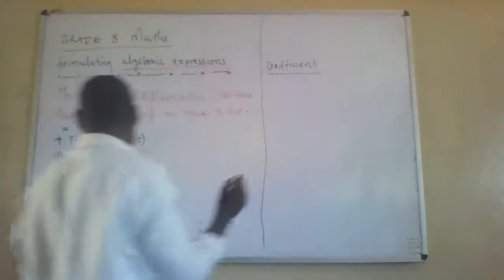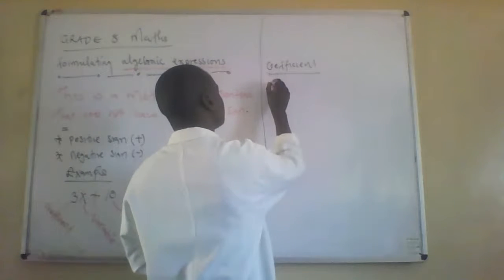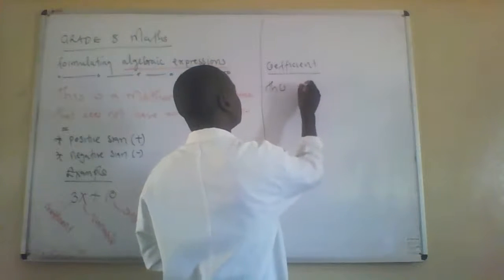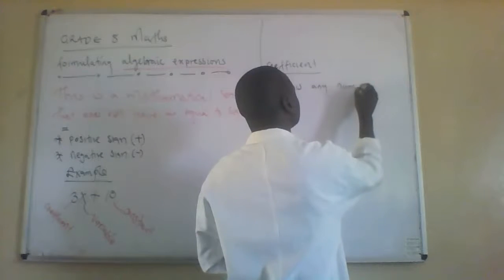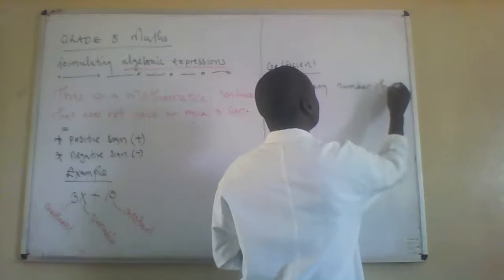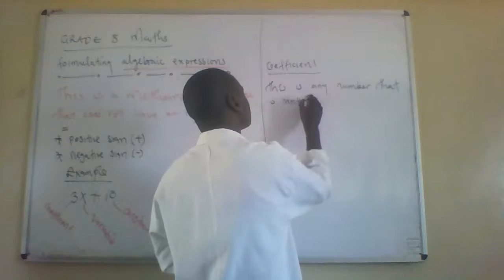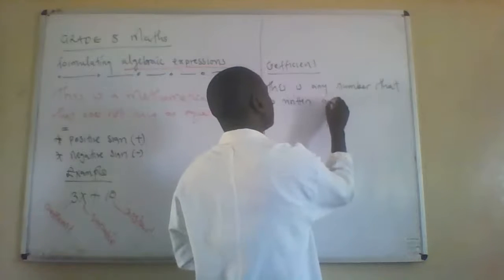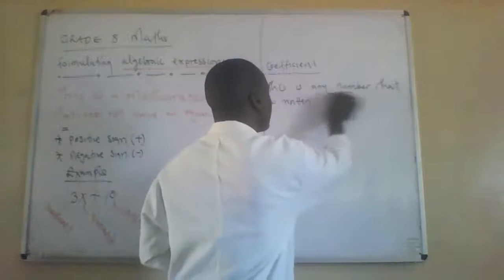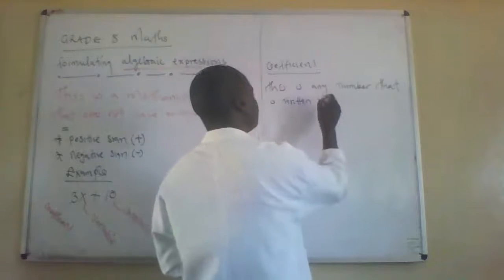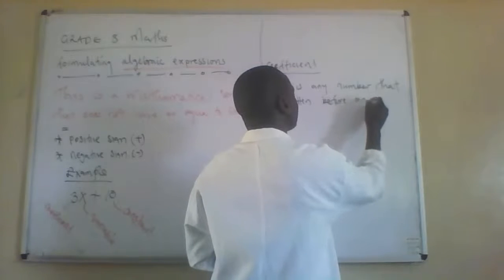A coefficient, like in our case where we had the 3, is just a number. It is any number that is written at the beginning, or we can say written before any variable.